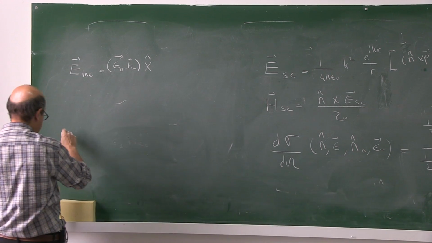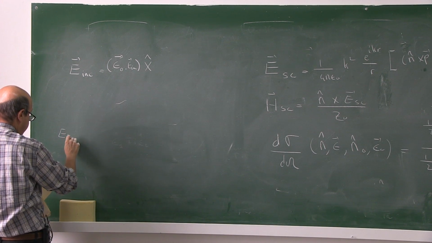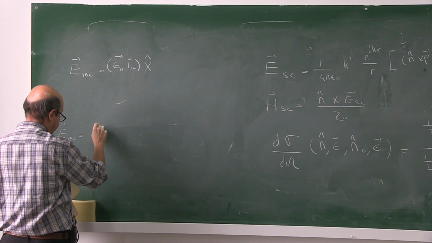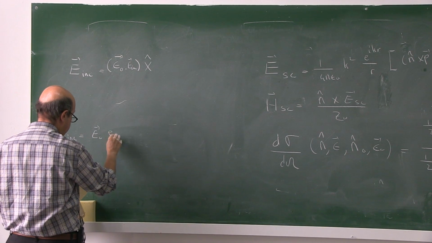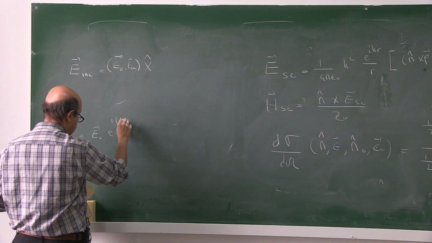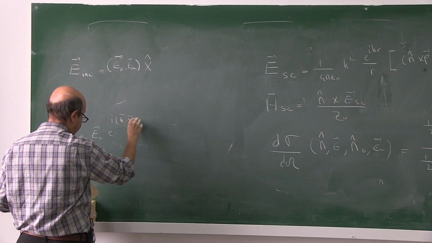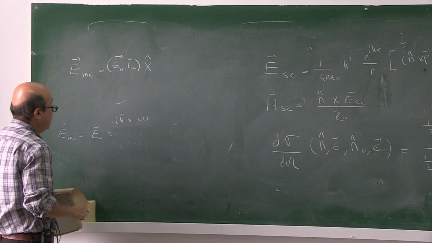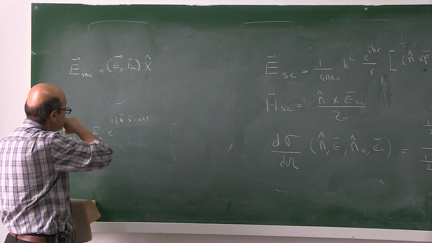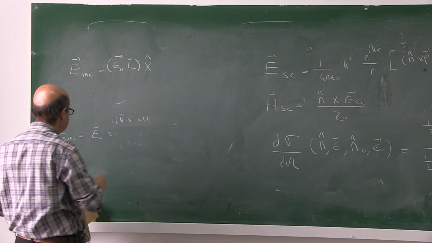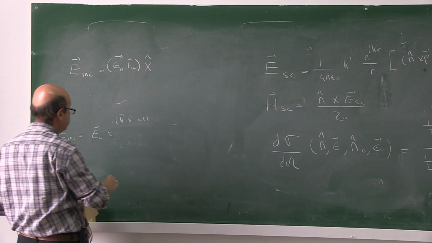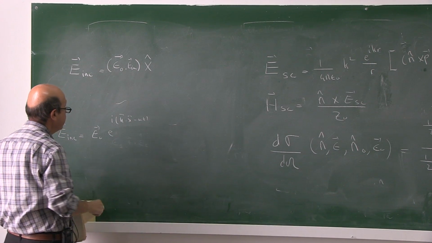So E incident is actually some E0 incident times e to the i (k dot x minus omega t). So basically, I'll call that the E incident, a, so this is the plane wave term.